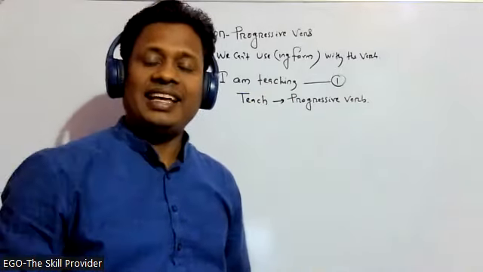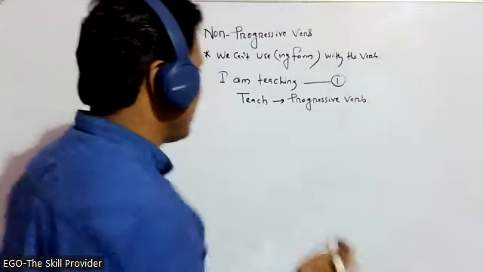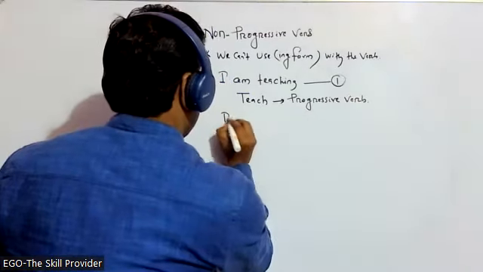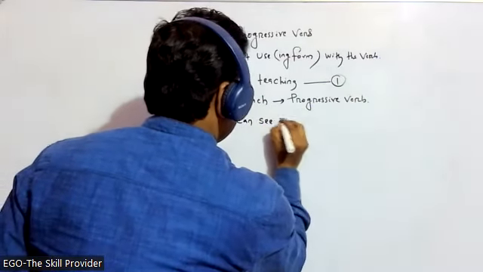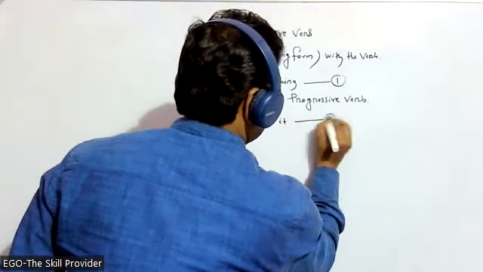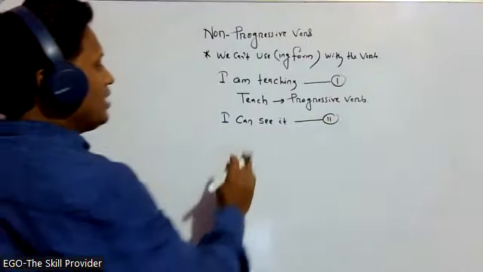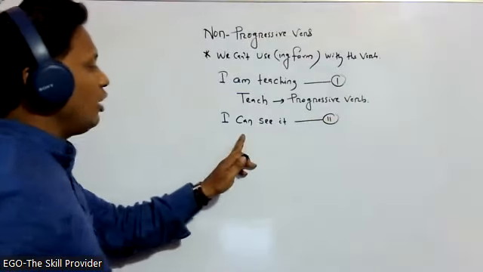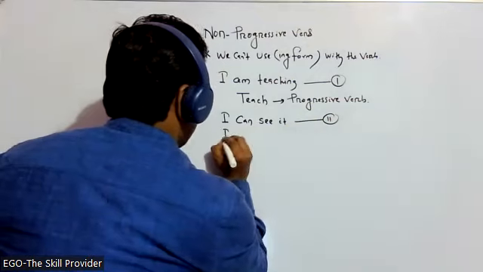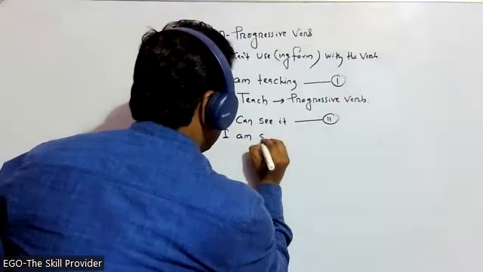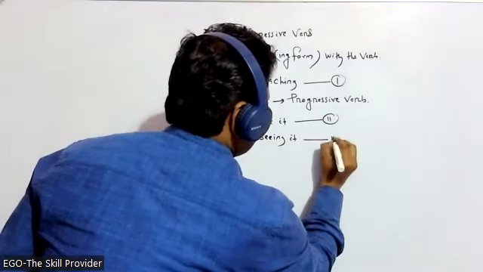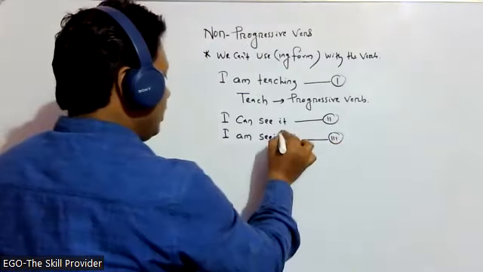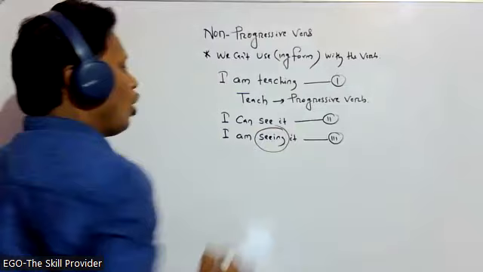But let me give another example. I can see it, or you can say I see it. You cannot say I am seeing it. Here seeing is not possible.